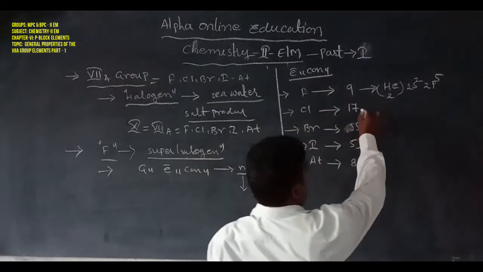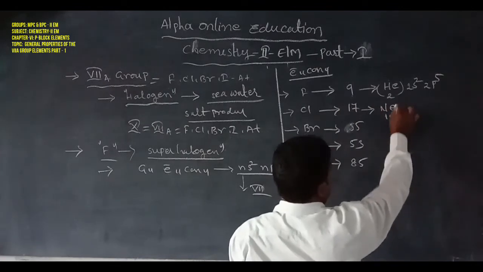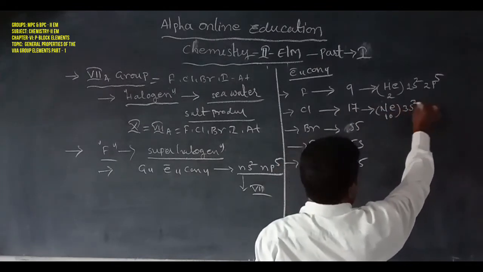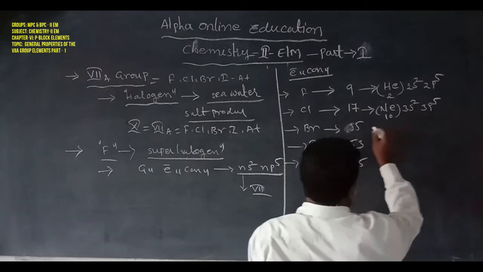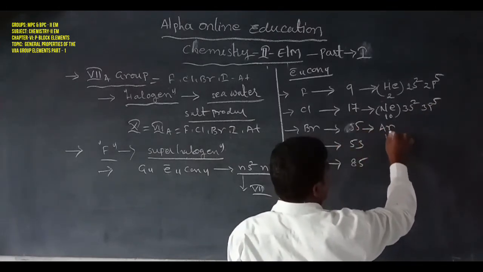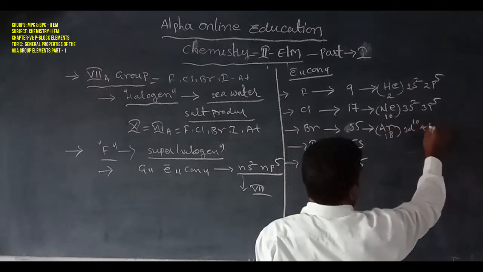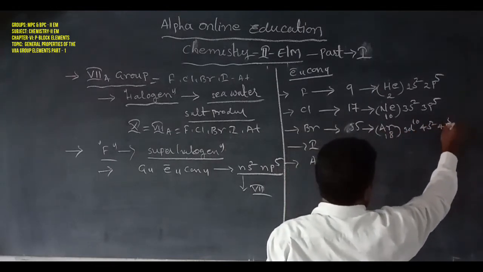Next, chlorine, atomic number 17: neon, atomic number 10, then 3s2 3p5. Next, bromine: argon, atomic number 18, then 3d10 4s2 4p5.